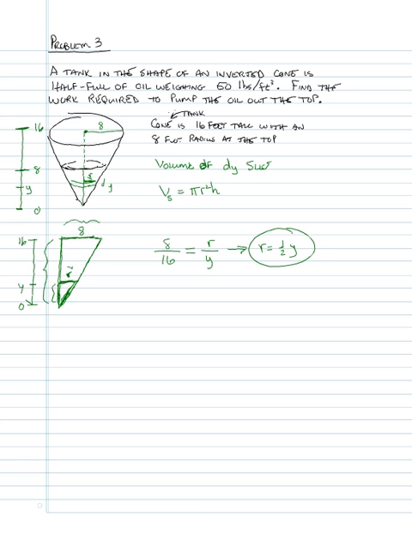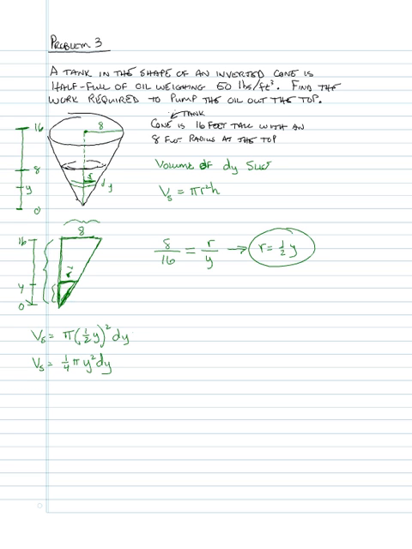Now let's go back to our original work. The volume of a slice is pi times r squared, and in this case r is 1/2 y, so that's what we're squaring, and the height of our slice is dy. We can make that look better by calculating it to be 1/4 times pi times y squared times dy.